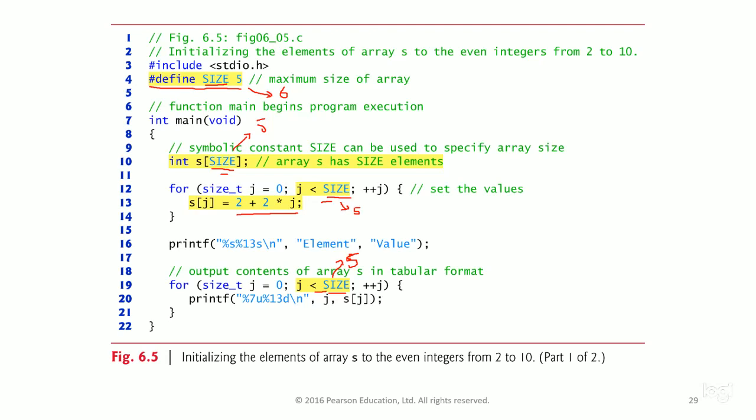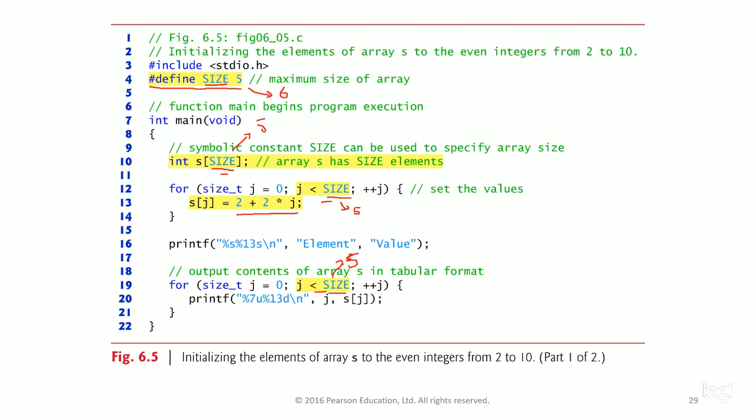Now, if you try to change the size manually, and out of those 7 for loops you forget to change the size in 2 of them, then that can cause problems in your program. So that's why, to specify the size of an array, it is generally recommended to use these kinds of constants.